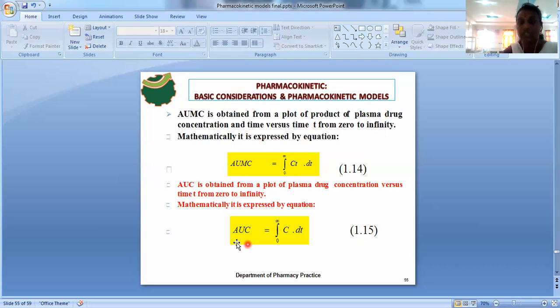Mathematically, AUC is the integral from 0 to infinity of C dt. That means for AUC you consider only the concentration term, but for AUMC you consider both concentration and time.